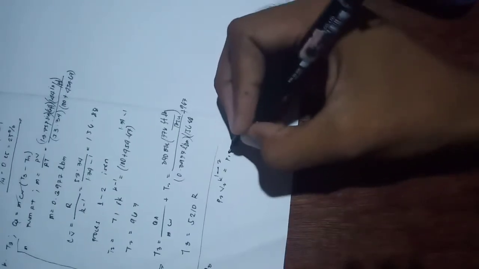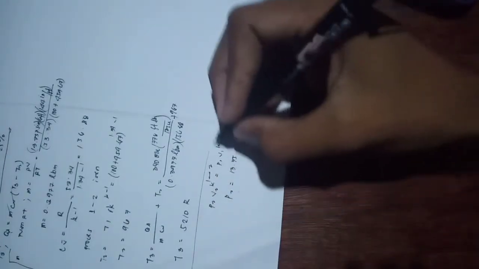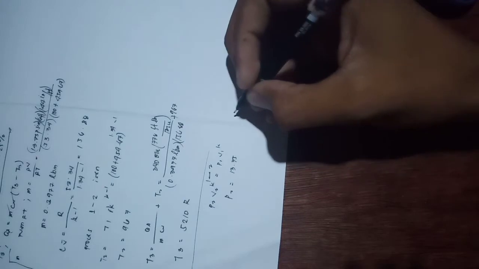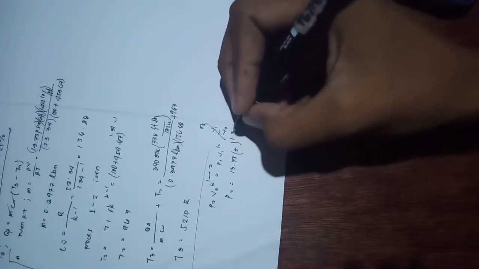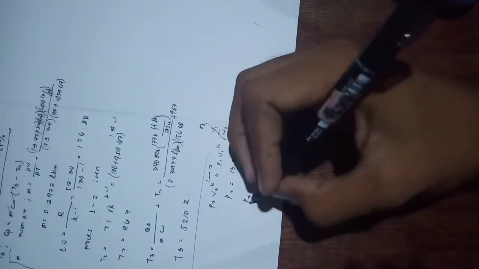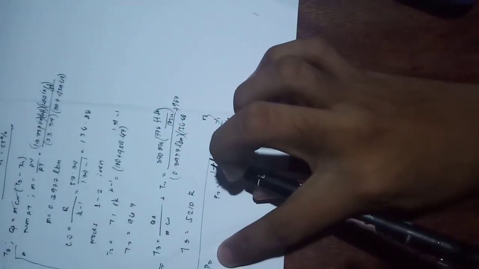So we have P2 V2 raised to K equal to P1 V1 raised to K. So P2 is equal to P1, 13.75, times V1 over V2, which is the rk, 5, raised to K. So our P2 is equal to 118.8290.